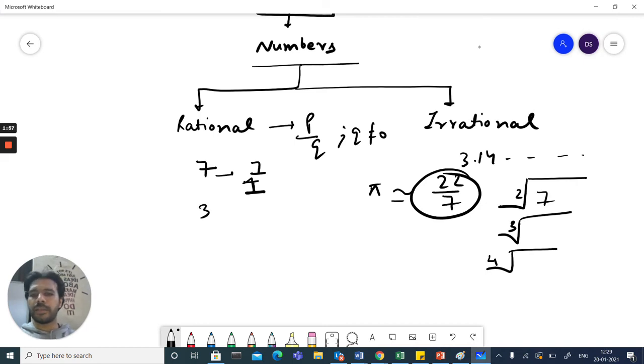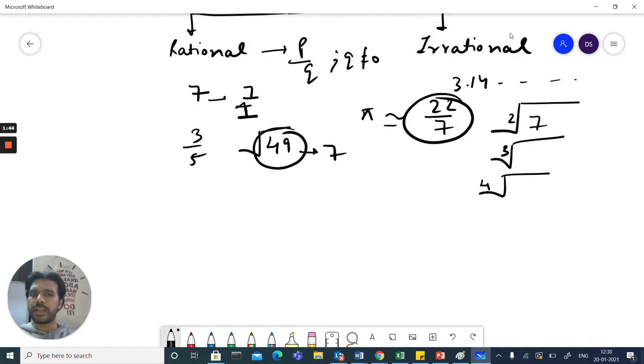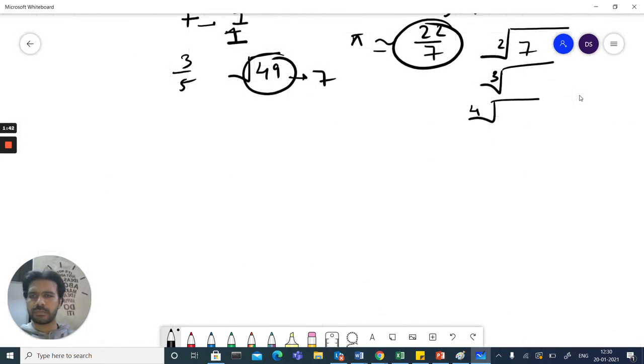While if I write 3 by 5, that's a rational number. Even if I write root of 49, because it's a perfect square, it gives you 7, so it becomes a rational number for us. There are more ways to find out rational and irrational. We'll talk about it in a while, but let's first complete our number tree.